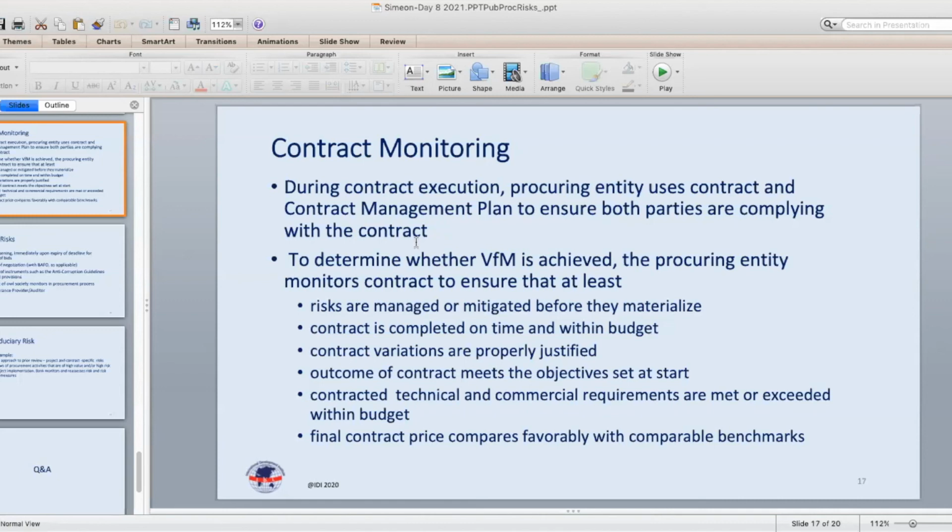What this slide talks about is different aspects of risks that may arise in contract implementation that are mitigated by monitoring or being alert or vigilant for such risks. For example, the time risk. Okay, the risk of undue or inappropriate contract modifications.